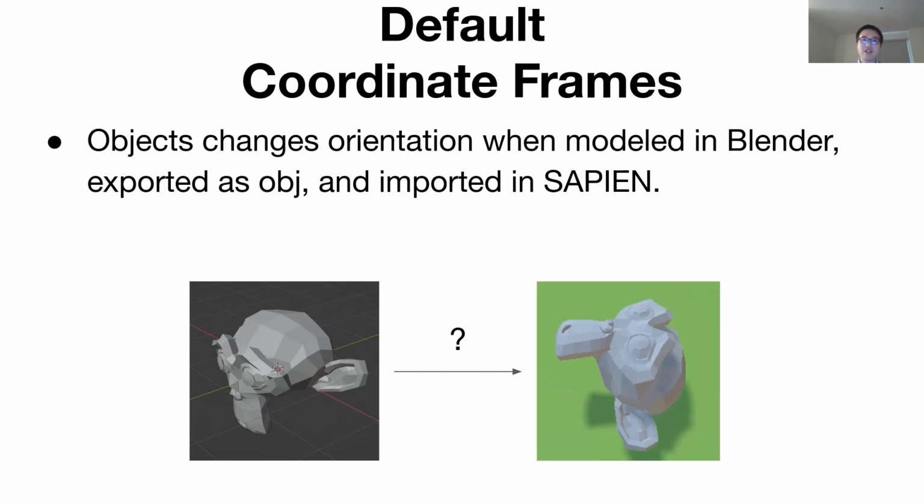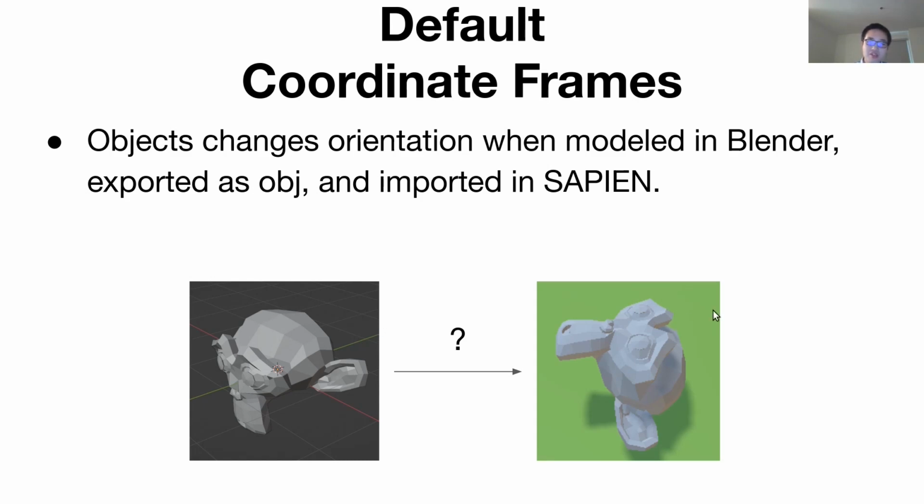Next, default coordinate frames. Here is a concrete example that you will encounter while using Blender and Sapien. We model something in Blender, for example, this monkey in Blender. It looks upright. But then if you export this as an OBJ object and then import it into Sapien, this monkey would be facing up.